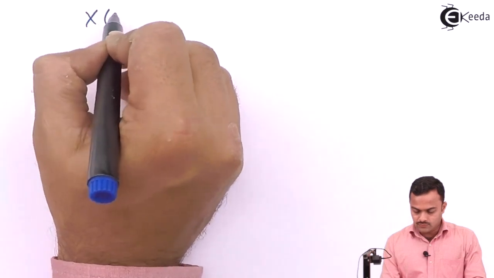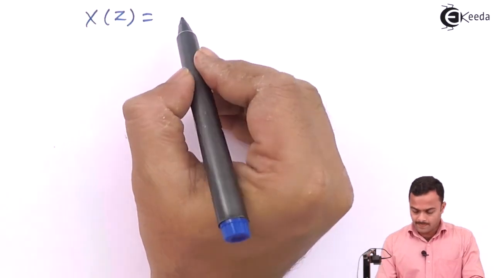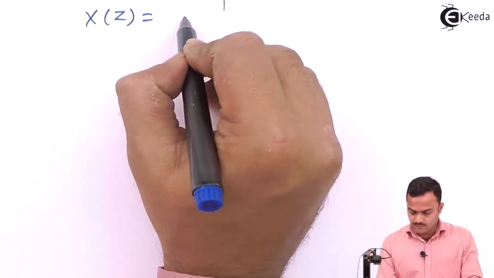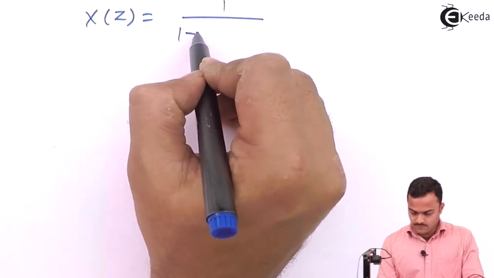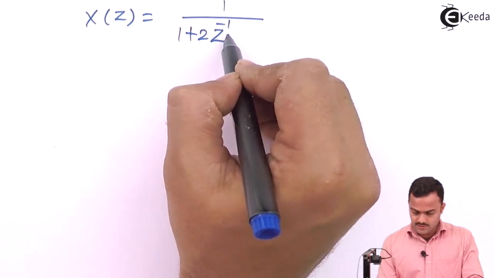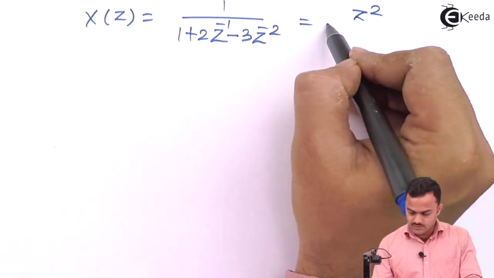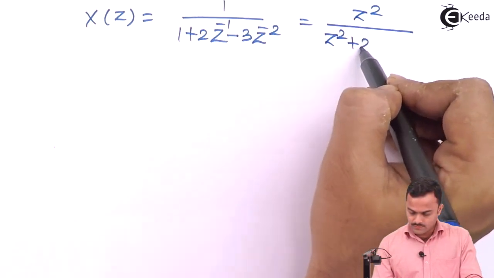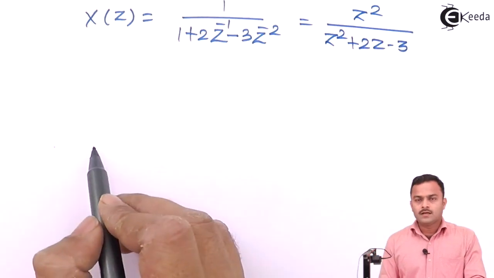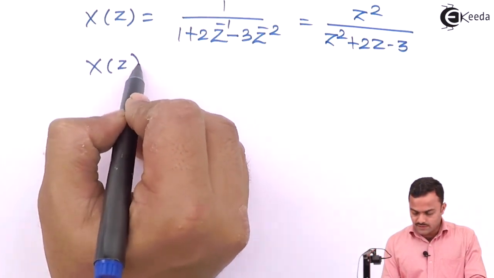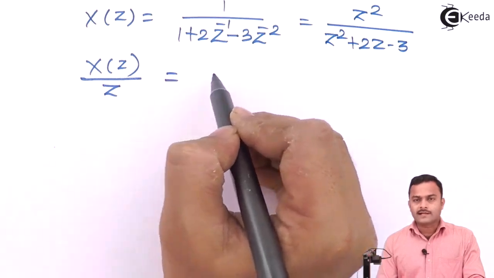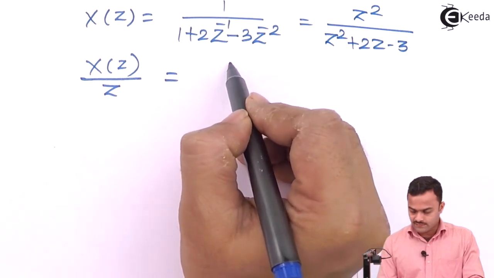Let's check our answer by doing an inverse Z transform quickly, and find the final and initial value by checking x of n. Since x of z is given as 1 upon 1 plus 2z inverse minus 3z raised to minus 2, the simplification is z square upon z square plus 2z minus 3. From x of z we are going to get x of n by inverse Z transform.